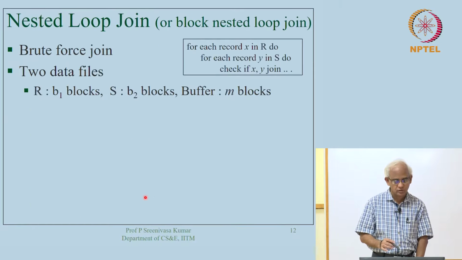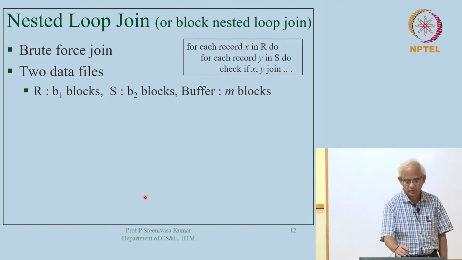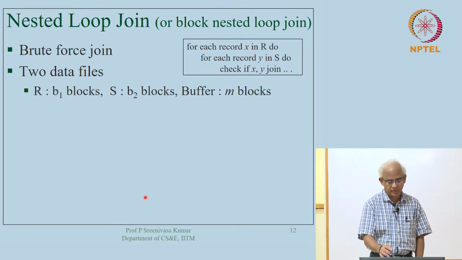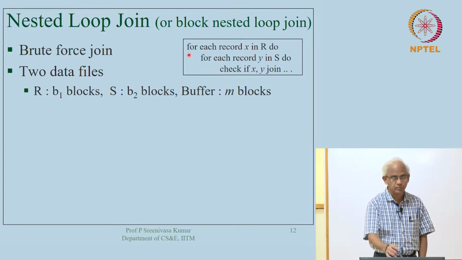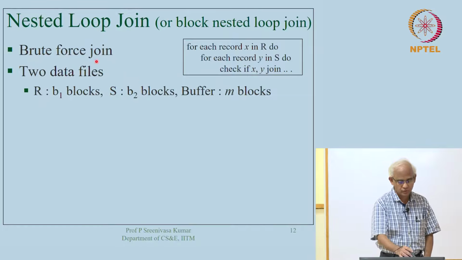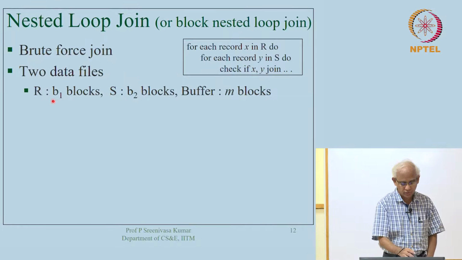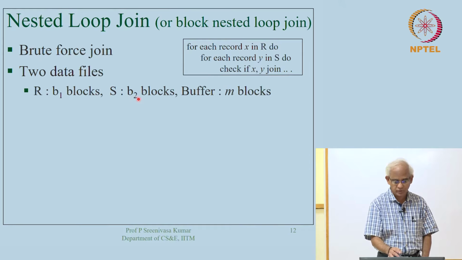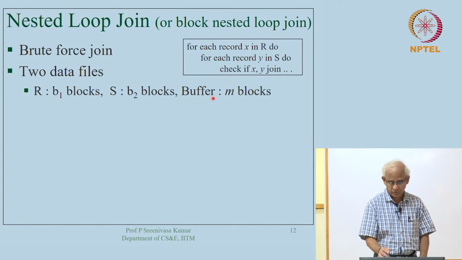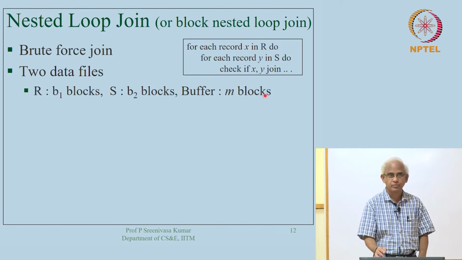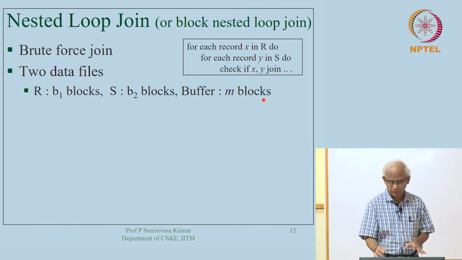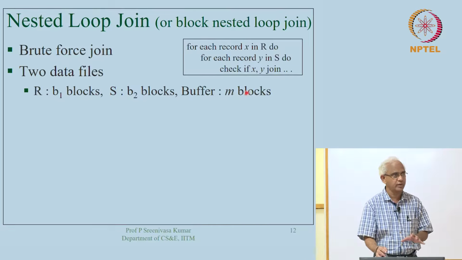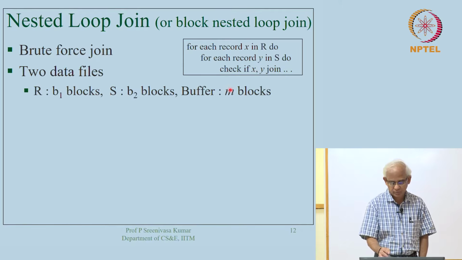We briefly talked about nested loop join yesterday, so let me repeat this idea. This is a brute force join. We have two data files R and S, R with B1 blocks and S with B2 blocks, and we assume that a certain amount of memory is available to us, which we will take as M blocks of RAM space. The algorithm is very simple.